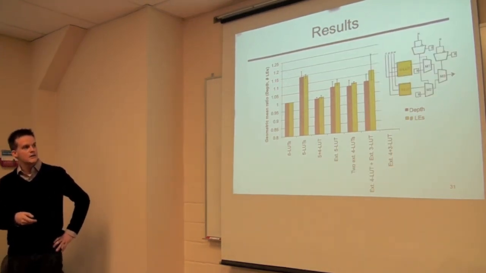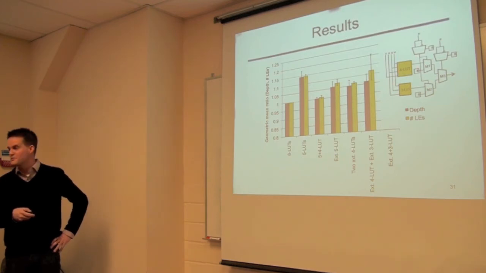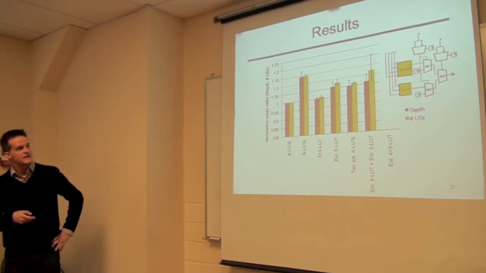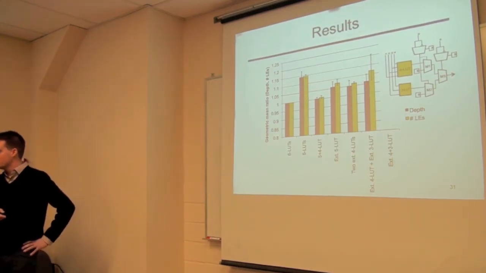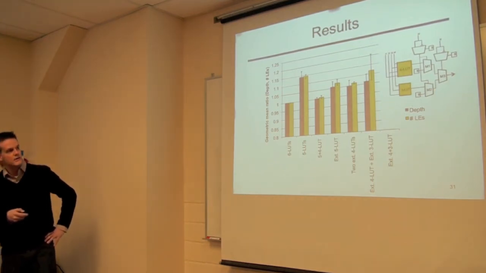Now the really small architectures, 4 plus 3, extended 4 LUT plus extended 3 LUT, shown right here. Basically, you can see here the number of LEs is quite a bit bigger than 6 LUTs now, about 12% bigger. Depth is still only about 6 or 7% bigger than 6 LUTs, and this is a pretty small architecture.